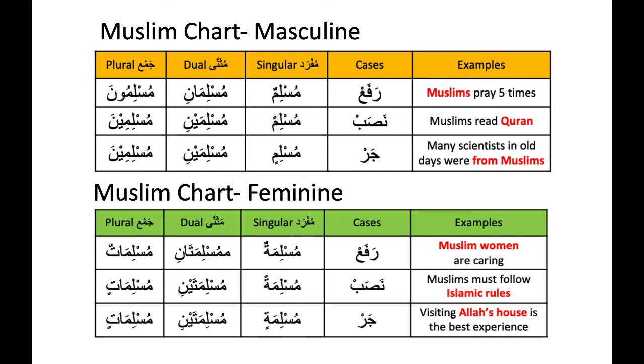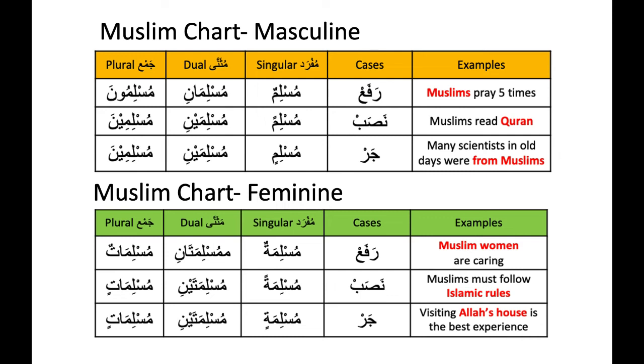When ism is in nasab, it is Fatha. And when ism is in jar, it is Kasrah. So if ism is singular, we look at the haraka of the last letter. Dammah means rafa, Fatha means nasab, and Kasrah means jar.